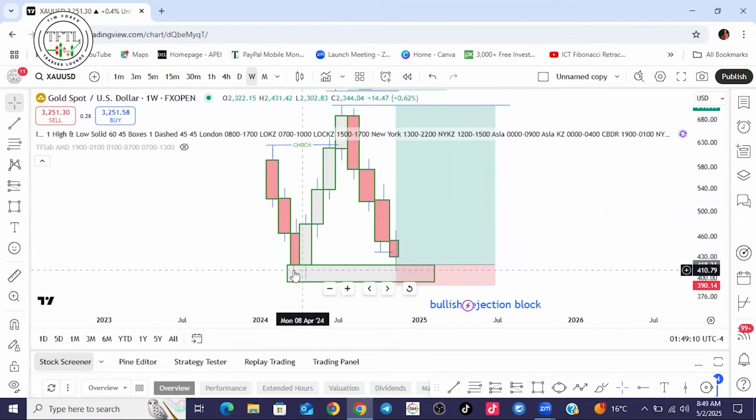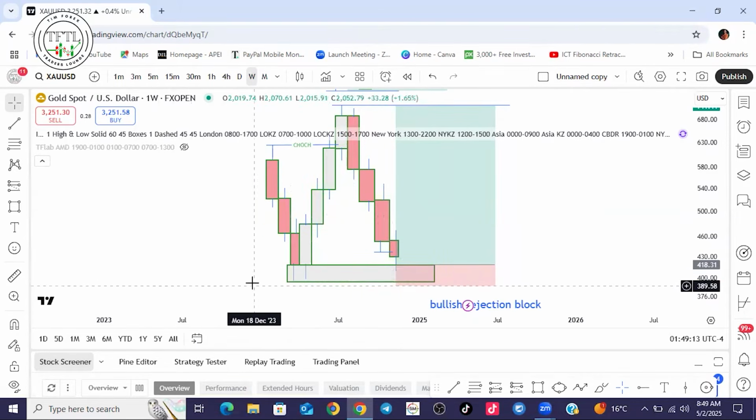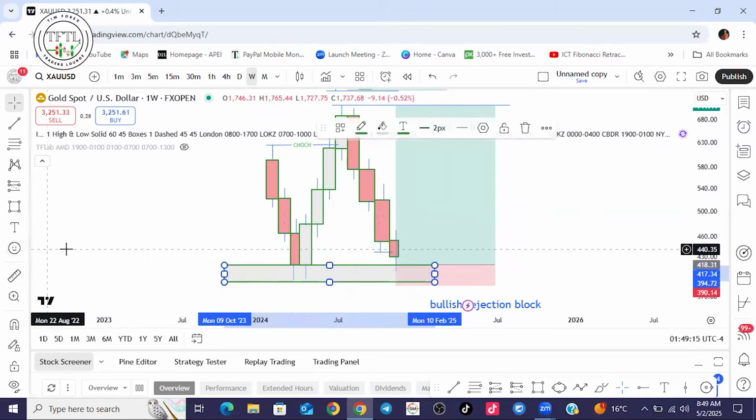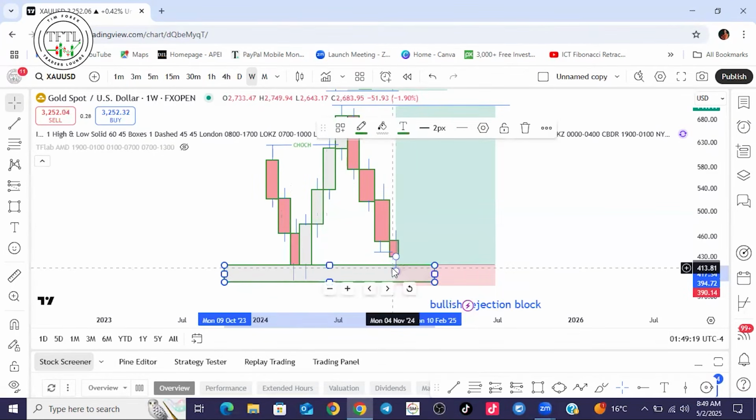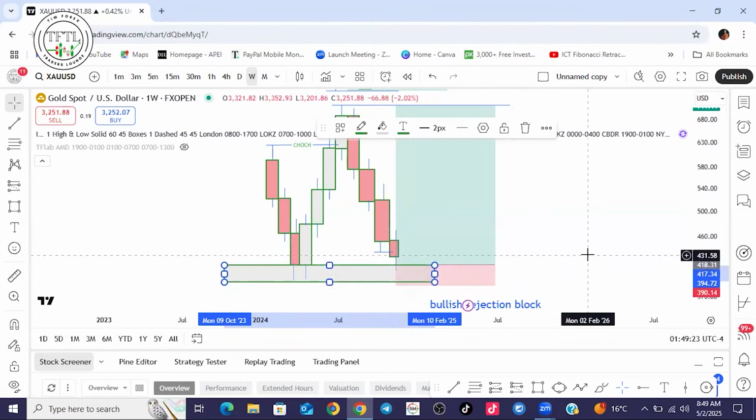We might say, if price has pushed back this way and we see price has been respecting this level, that we have a support level and we have seen a rejection block, and therefore that gives us at least two reasons why we can engage. So you find that when price approaches these areas of rejection block, there is a high probability that the price will get rejected again.